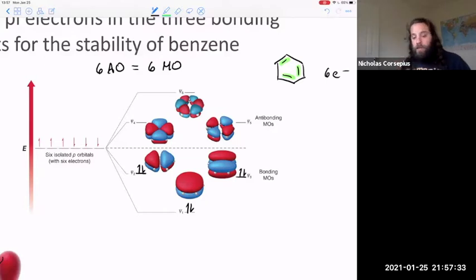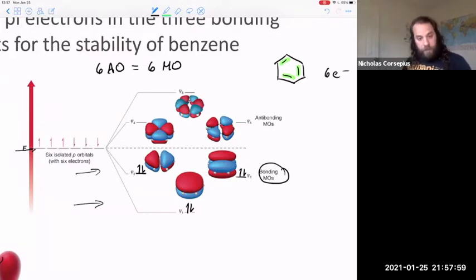And just like before, when we were talking about conjugated dienes, the molecular orbitals that are occupied are lower in energy than the p orbitals when they're all by themselves. So this is the energy of an electron in an isolated p orbital. This is now the energy of those electrons down here when they're in these special molecular orbitals.